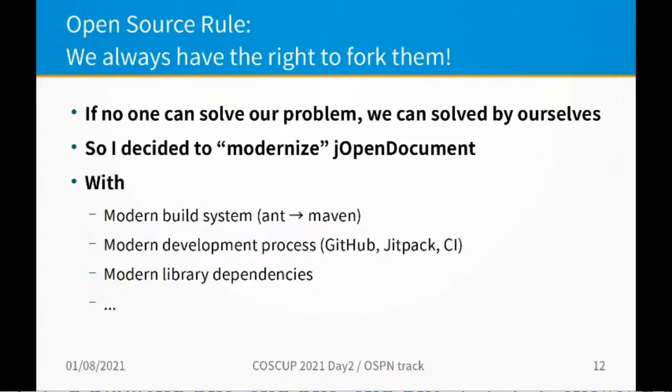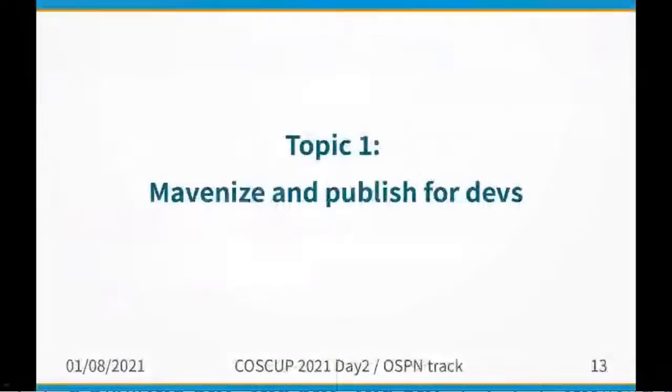If no one can solve our problem, we can solve it by ourselves. This is the open source power, open source importance. So I decided to modernize jOpenDocument with a modern build system, modern development process, modern library dependencies, or something else. Yeah, this is our motivation.